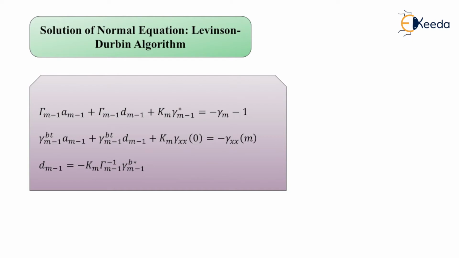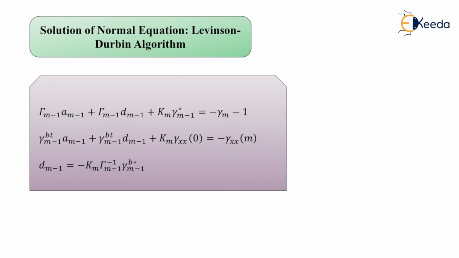Now since small γ_{m-1}^{b*} is just the γ_{m-1} with all the elements taken in the reverse order and further conjugated.